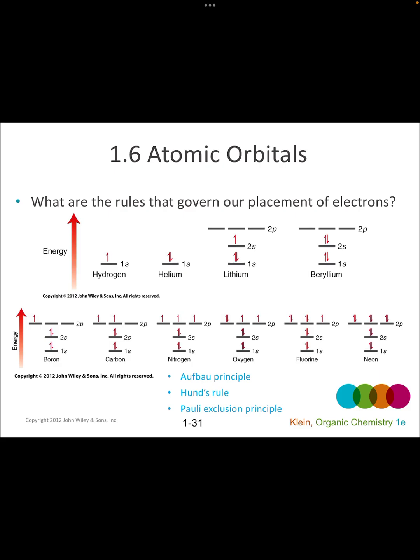The same rule applies with electrons. It's not like they want to always cozy up to other electrons. So if another same energy level orbital is available, that's what it occupies. And so that's why you see in the nitrogen configuration, there are 3 electrons occupying 3 different 2p orbitals.